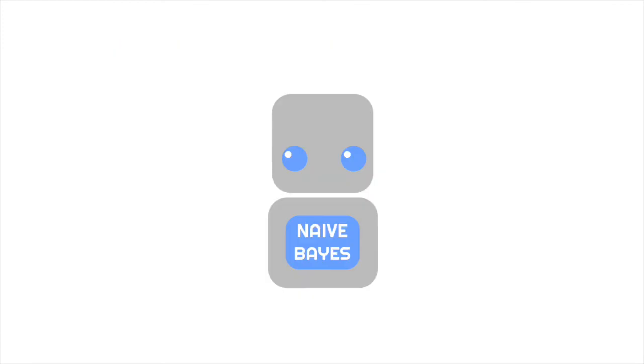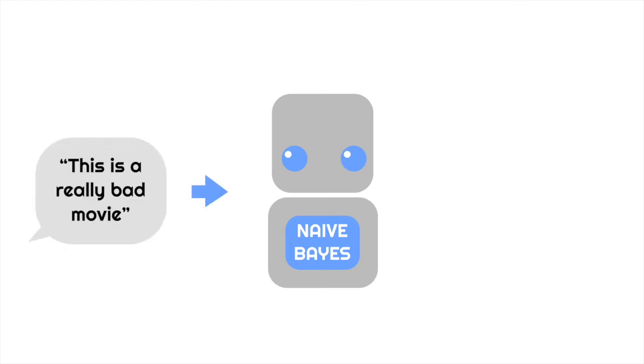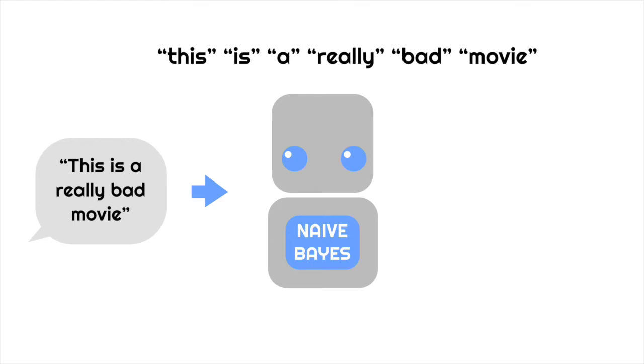The beauty of this is that we can give the computer a movie review that it has never seen before. For example, "This is a really bad movie." And while it might not know all the words, it can look at the words it has learned, like this, movie, and bad. The computer would then look at the probabilities it calculated for each word and find that this and movie are neutral, while bad is likely to belong to a negative review.